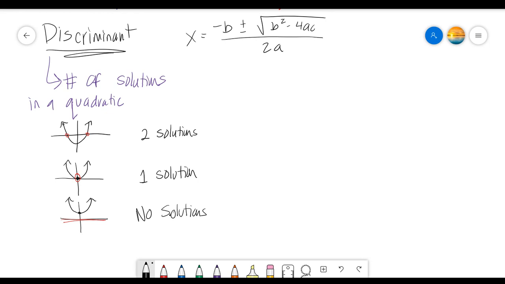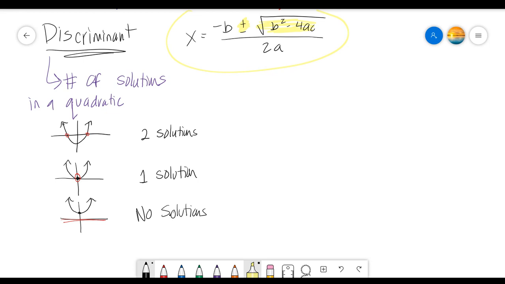Now, let's think about this. When we use the quadratic formula up here, if we got two solutions, that's because we had to break up our answer with the plus and the minus. So we would do our square root here, and if we got the square root of 16, the answer could be positive 4, or it could be negative 4.